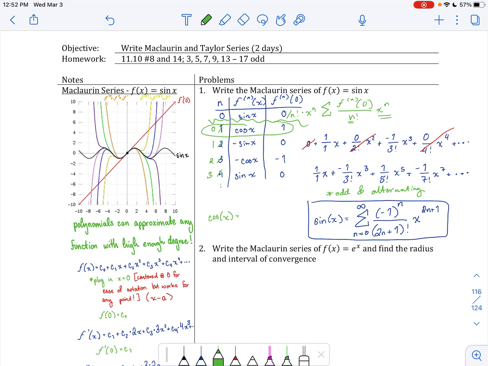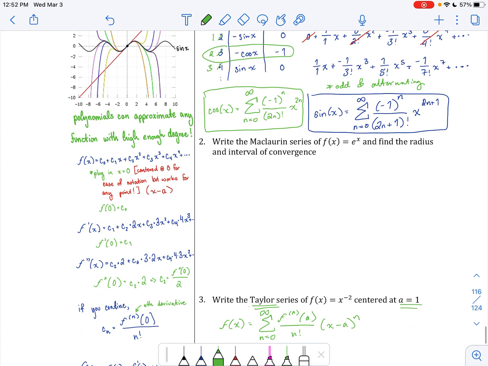So you've got f of x, the first derivative, the second derivative, and so on. So n equals 0 to infinity of negative 1 to the n, since we're still starting at positive, that's fine, over 2n factorial, x to the 2n. So cosine is all the even terms, alternating, and sine is all the odd terms.